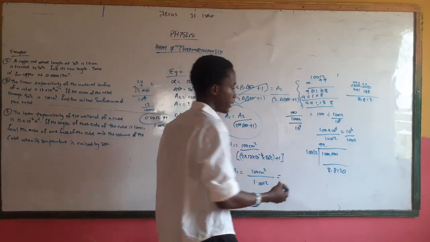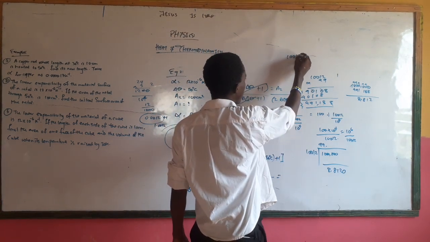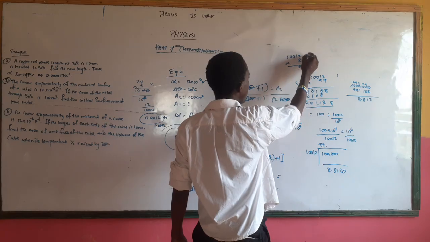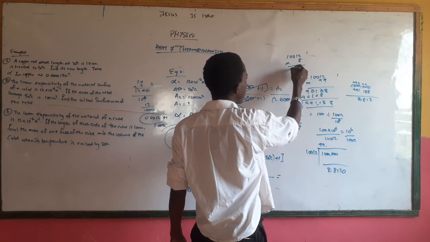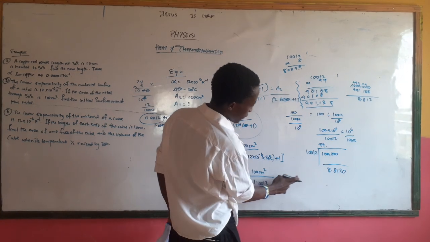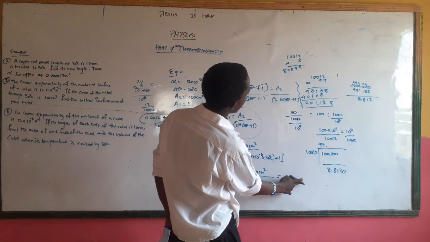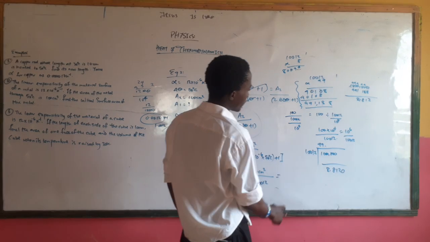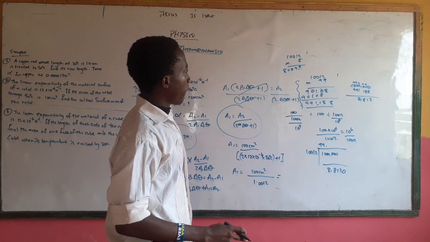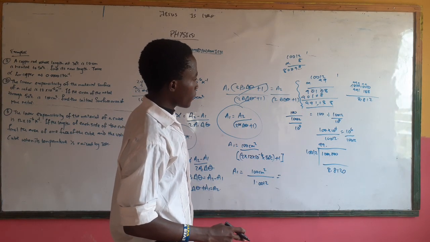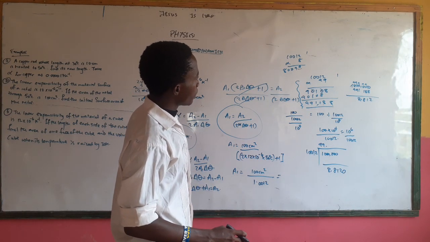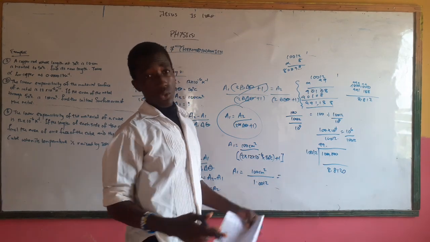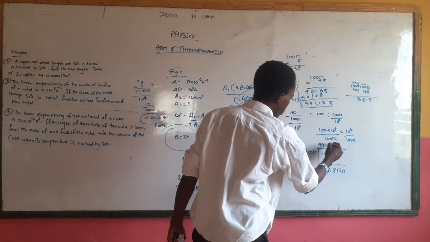Approximately 8, 10012 multiplied by 8, that's 80096. Is it close? Should we say 9? We can't have 9. So we should have something like 8.2, 8.3, 8.4. So let's just take an approximate value of 8.